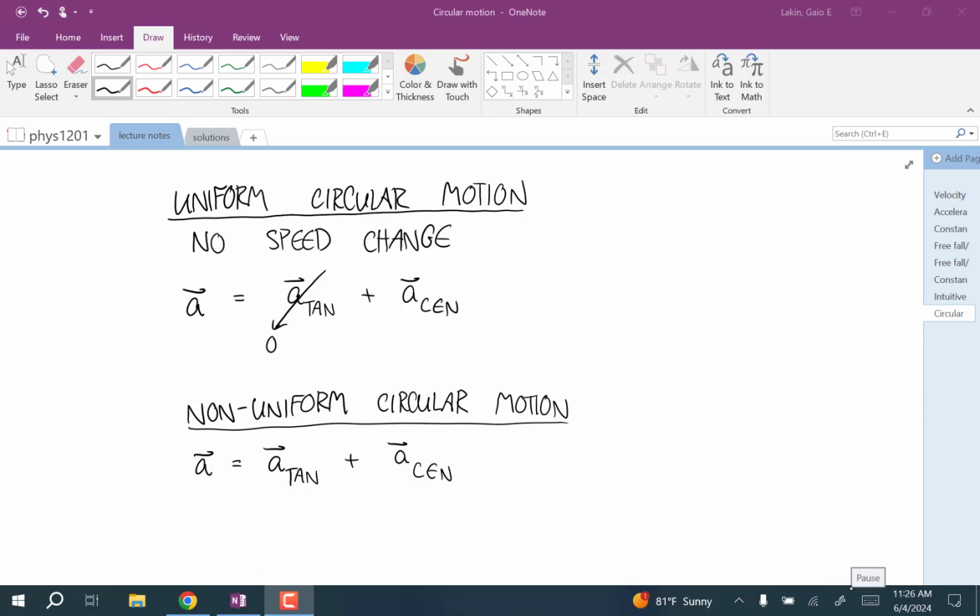And constant acceleration has to have not just the same magnitude at all times, it has to have the same direction at all times. So circular motion is never constant acceleration motion, and you can never use those constant acceleration equations for circular motion.